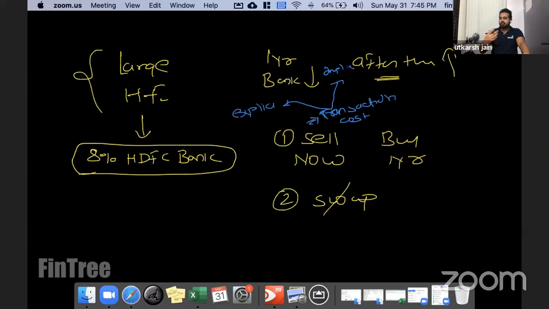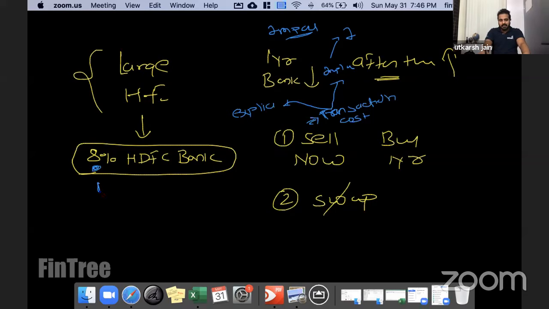Explicit is the brokerage and all of that. But in implicit, there is a very big transaction cost. We typically call this an impact cost. So what's an impact cost? Look at this. This guy holds 8% shares of that particular bank. When he decides to sell 8%, there's going to be so much supply of stock in the market that because of that supply, slowly the price will start going down.